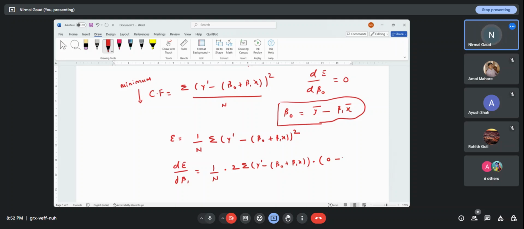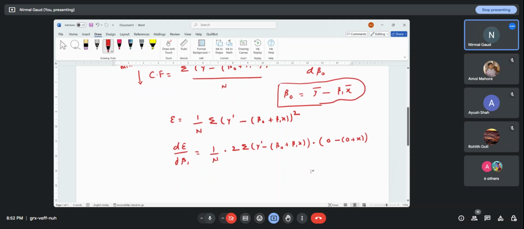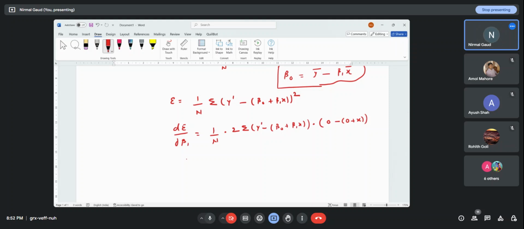So minus 0 plus x. That's it. So you are getting del E by del beta 1 is equal to, this minus sign you are going to take outside, minus 2 by n summation y dash minus beta naught plus beta 1 x into x. This is what you are getting.